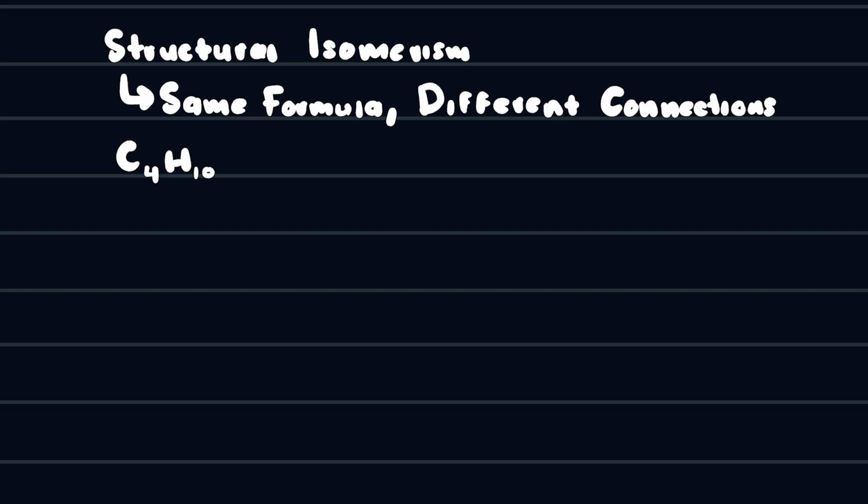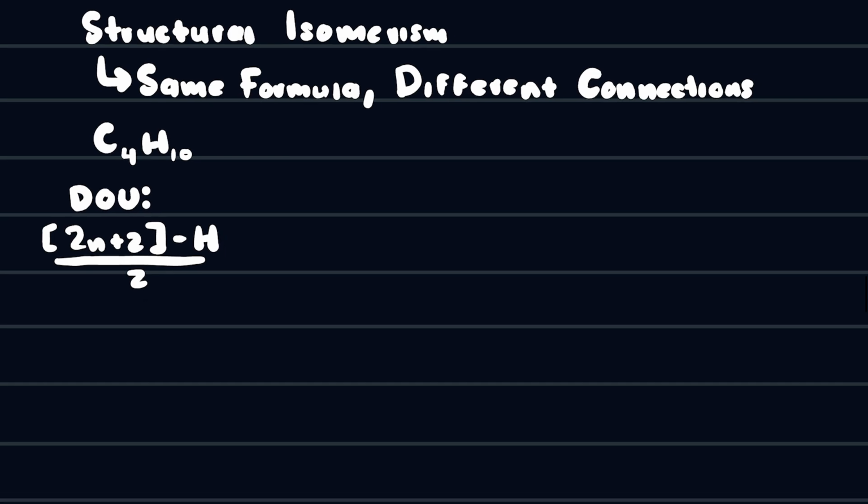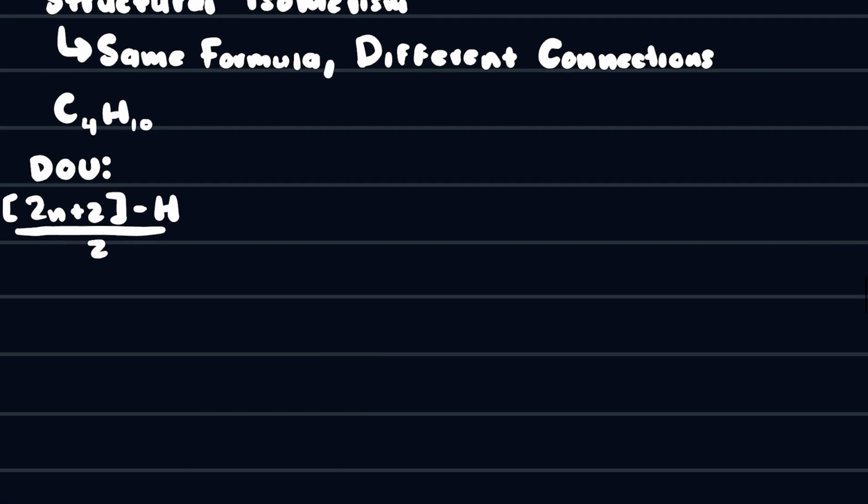You could submit it to a degrees of unsaturation test to determine if there's any rings or double bonds or triple bonds affecting the saturation of the compound. Or you could genuinely just go for it.